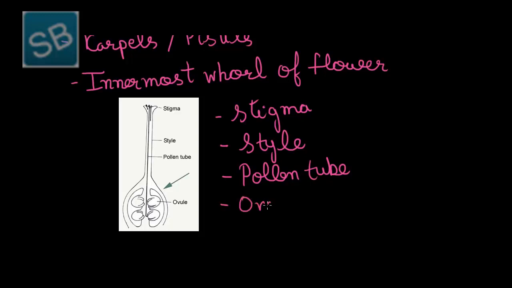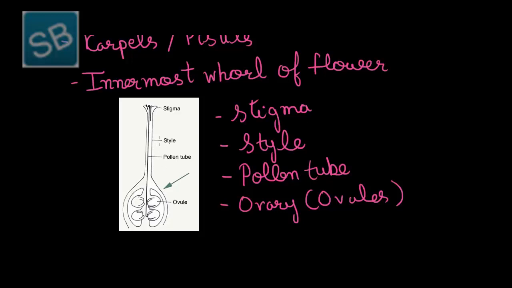And fourth is ovary containing ovules. Here, as it can be seen, an ovary is a hollow bag-like structure within which small-shaped ovules occur. Now, the stigma and ovary is connected by a long segment known as style within which pollen tube is present.